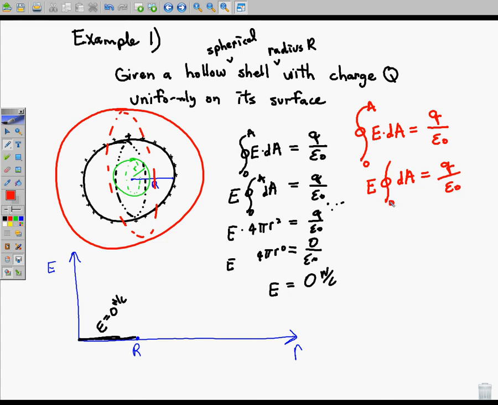And what's this integral once again going to be? It's just going to be the surface area of that sphere out there, which is 4 pi r squared. Solve for E: what is the strength of the field out there? It equals 1 over 4 pi epsilon 0 times Q over r squared. That's what we got before, people.